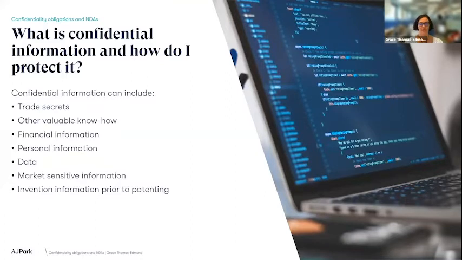So if you've got employees, their personal information, or customers' data, other market sensitive information, and on a more IP side, invention information before you've filed a patent or a design, and anything else that is information that has some value to your business and is not generally known to the public.